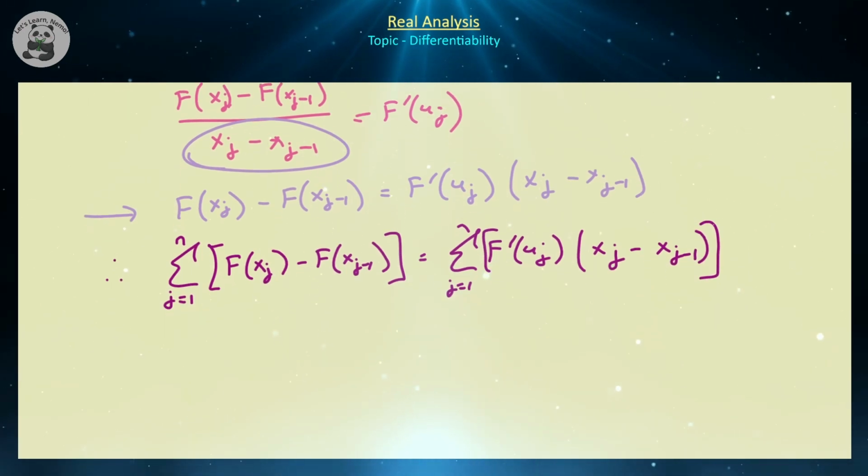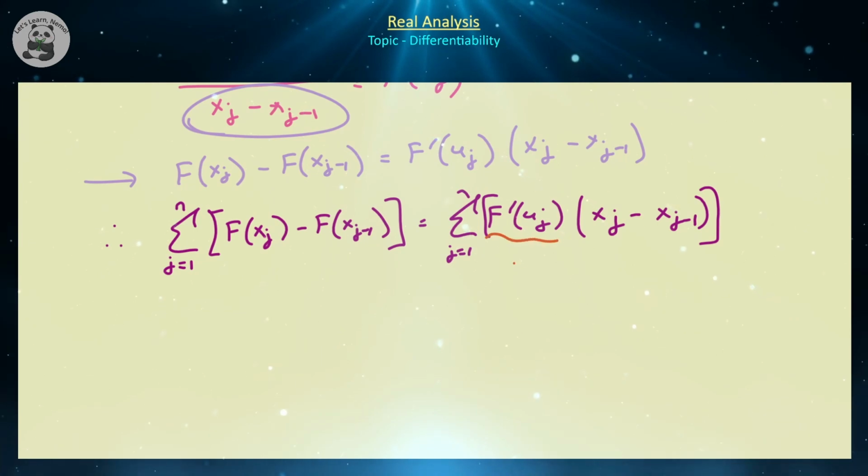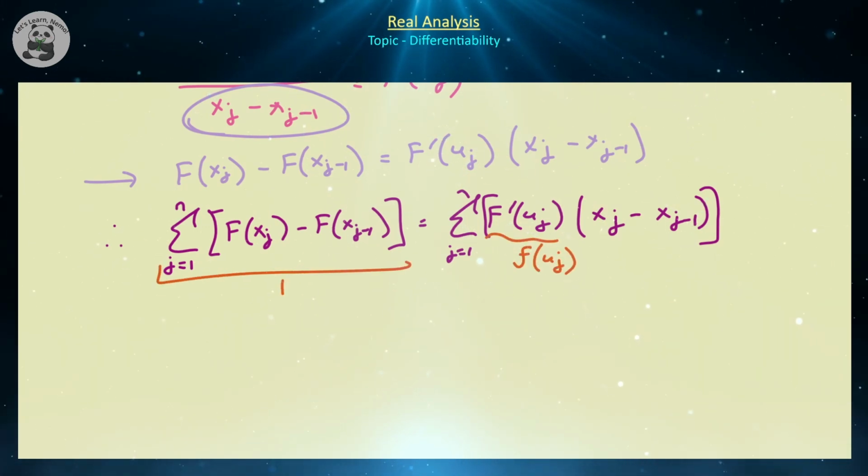Keep in mind, capital F prime is equal to little f, so I can write that as little f of u_j. And also note that the left side is just a telescoping series, which you should be able to show is equal to capital F of b minus capital F of a.